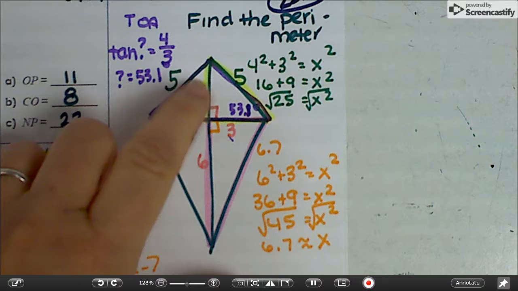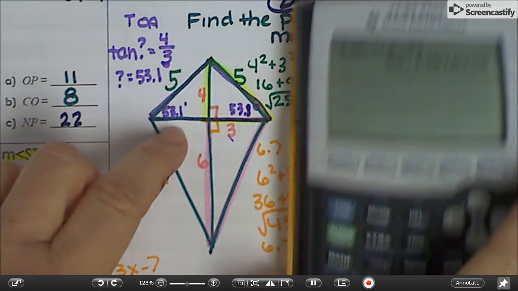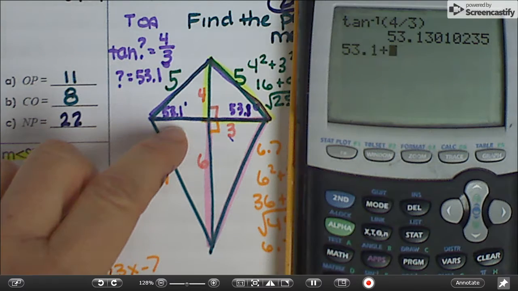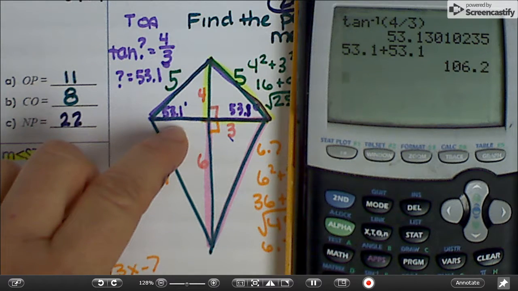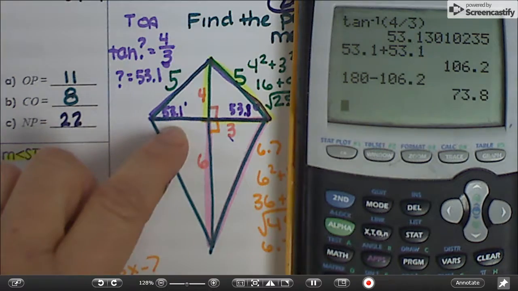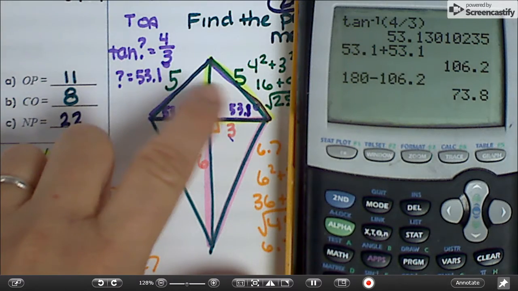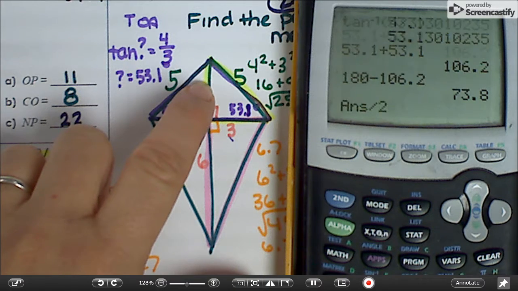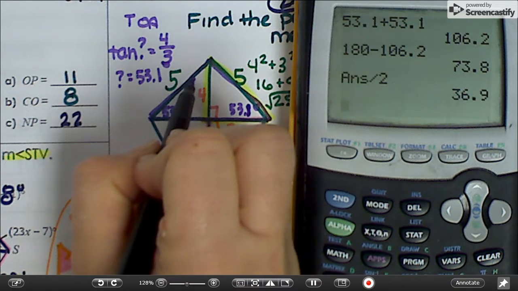To figure out this part right here, I'm going to add up 53.1 plus 53.1, subtract from 180, and because we know that this has been bisected, divide by 2. 36.9 degrees each.